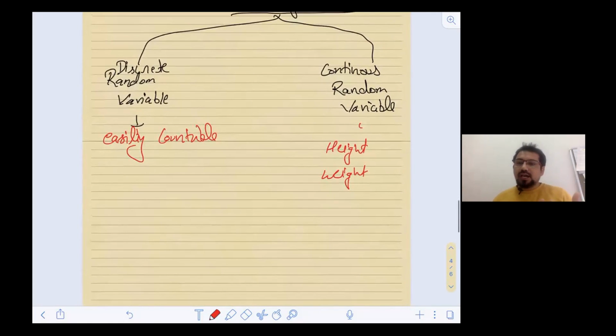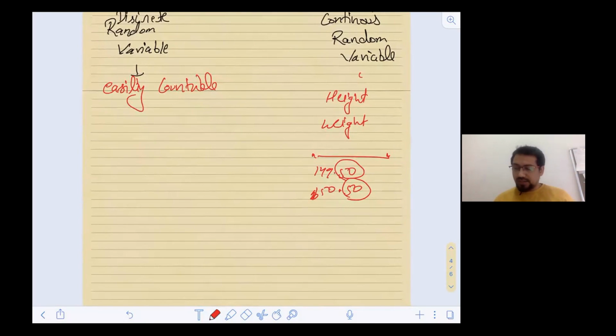For example, your height is 149.50, or 150. Your weight is 50 kg, or 50.50, for example. This is measurement, always measured on a scale, and the value is continuous. So that is basically a continuous variable.